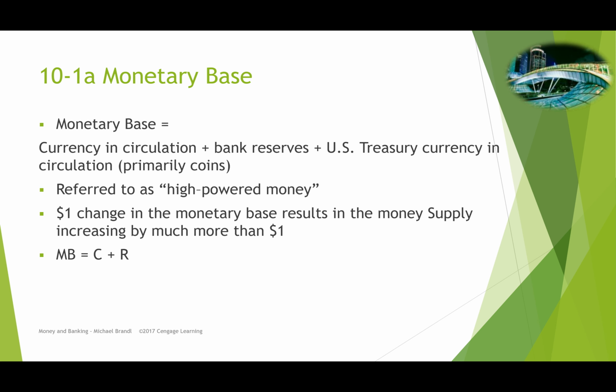So $1 change in the monetary base results in the money supply increasing by more than $1. Why? Because of the process that we looked at earlier, whereby a dollar comes into the economy.